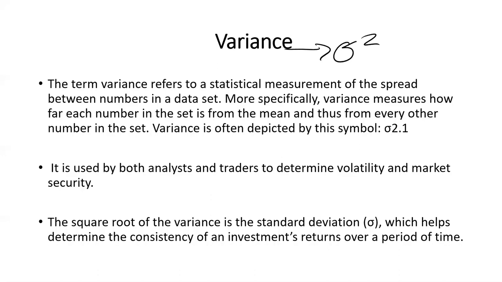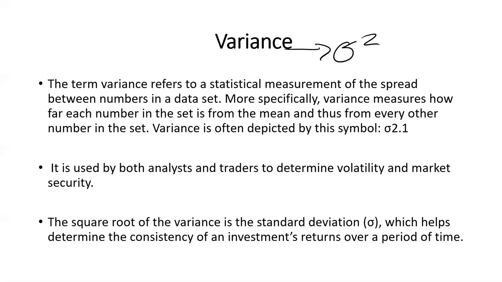The square root of variance is the standard deviation. When we take the square root of variance, it gives you the standard deviation, which helps to determine the consistency of investment returns over a period of time. The standard deviation tells how consistent a return you will get.